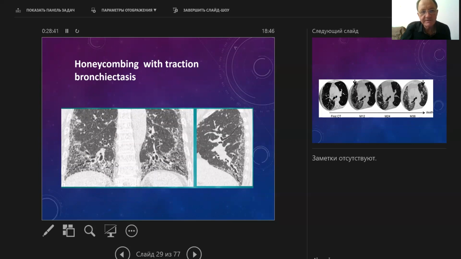Honeycombing with traction bronchiectasis, also you can see the cross section of the bronchi reaching from the root to the peripheral part, practically subpleural localization. You can see these bronchi. It's dilated bronchioles.